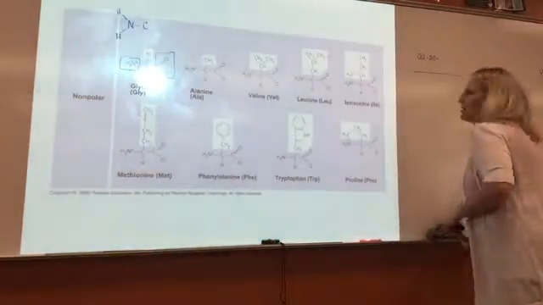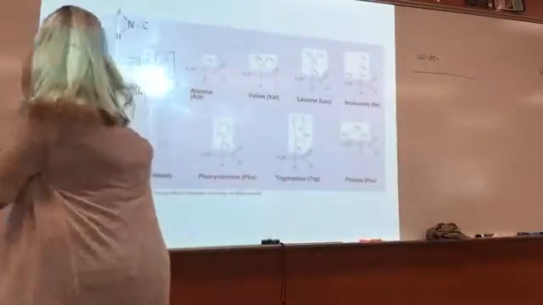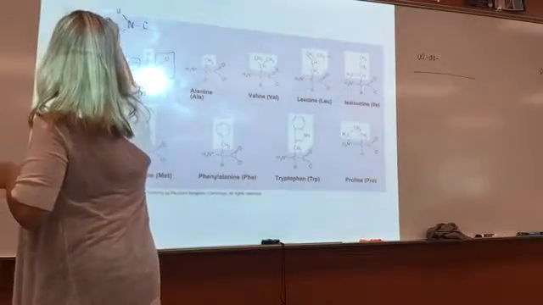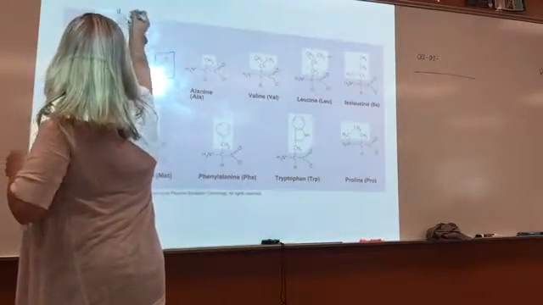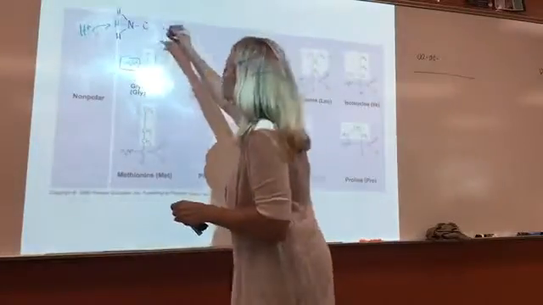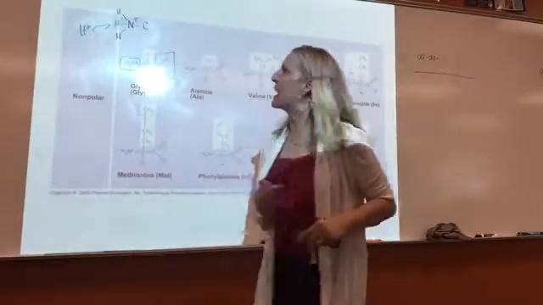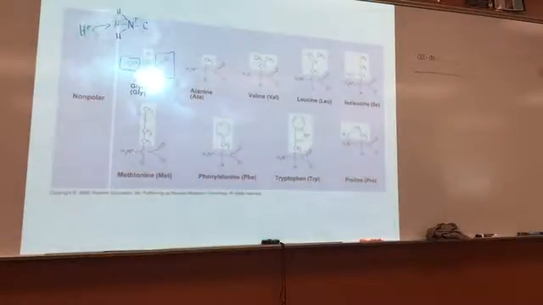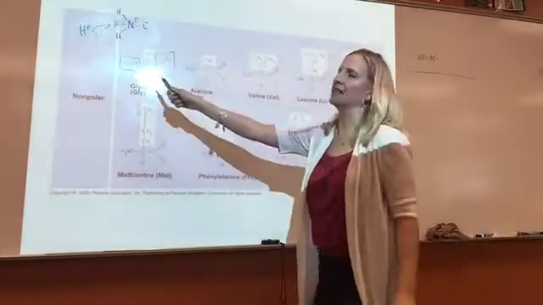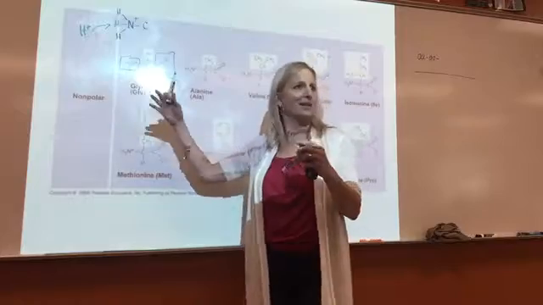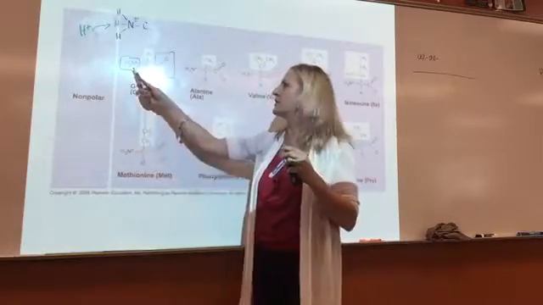But it has already acted as a base. Amino groups act as bases, and when it picks up that H plus, it makes it NH3 plus. So I want you to recognize that this is still an amino group that has already acted in its function as a base.